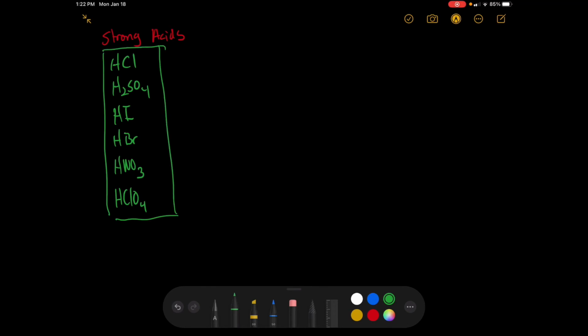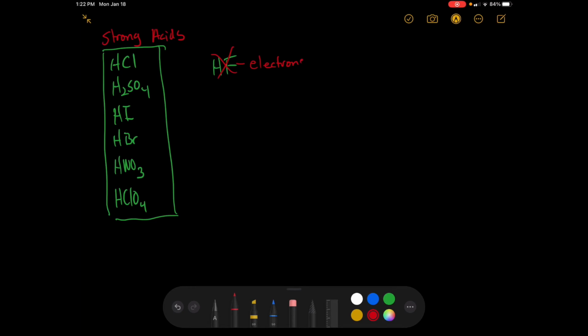In fact, most of the questions that ask you to identify strong acids, you're just going to need to memorize them. A lot of people think that hydrofluoric acid is a strong acid, and it's not. I would argue that it's not a strong acid because of the electronegativity of fluorine.